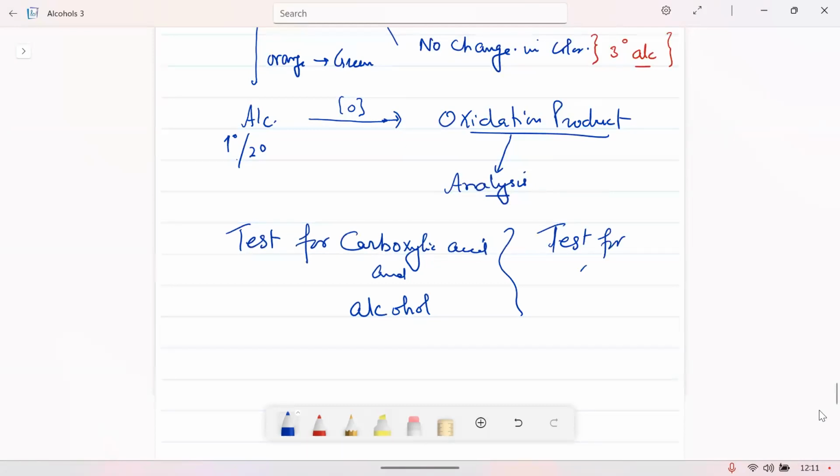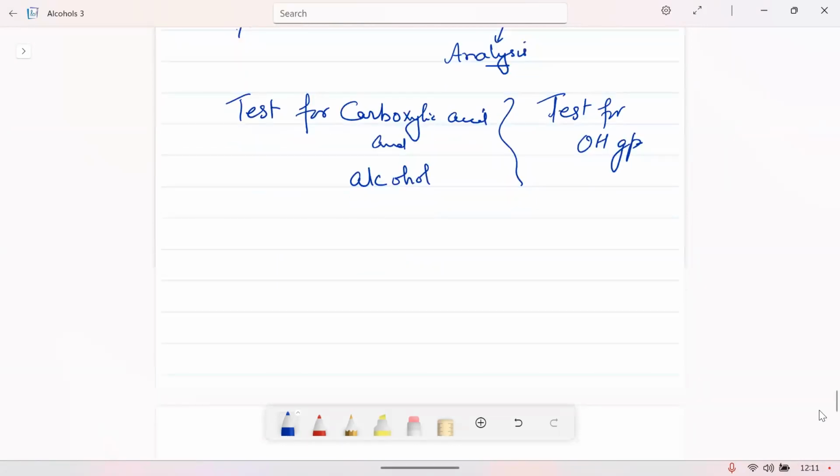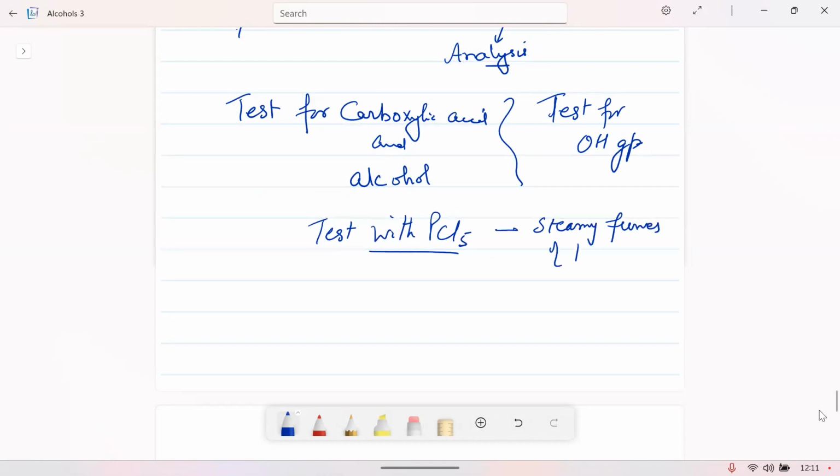The test for the OH group is you react it with PCl5. We have done this in the previous topic. With the PCl5, you get steamy fumes of HCl gas that indicates the OH group is present.